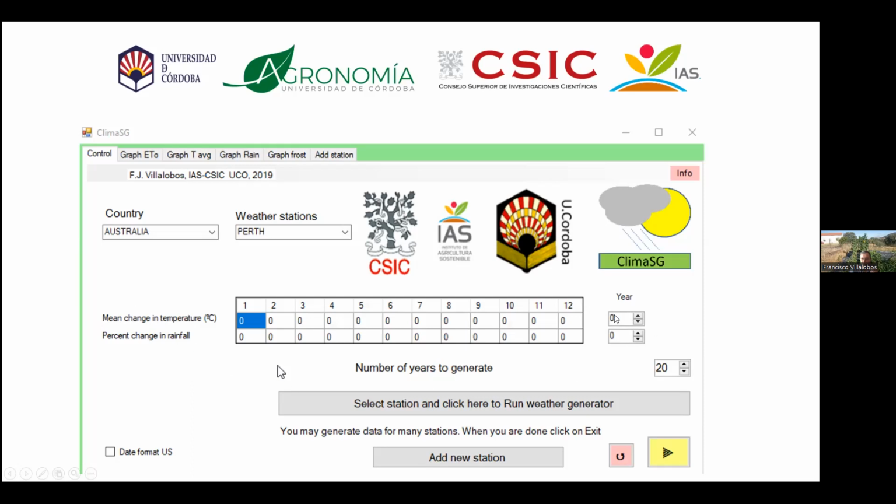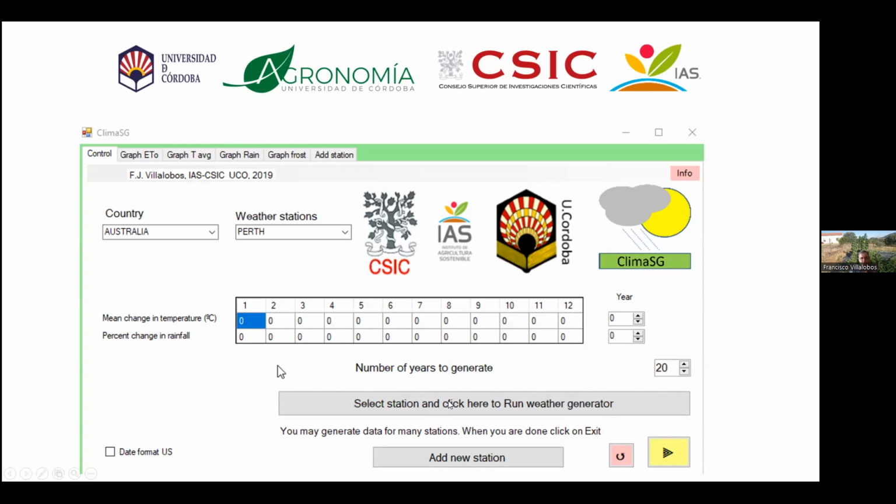We can use the same value for all months in the year, or we can change differently the different months in terms of temperature or rainfall. We select the number of years to generate, and then we just click and get the generated values.